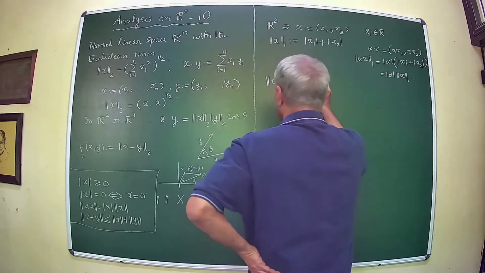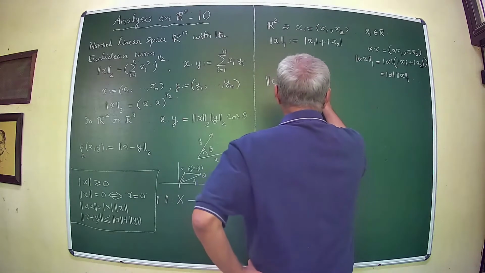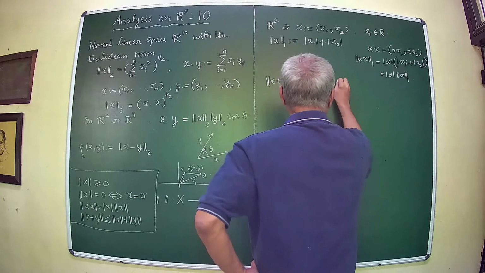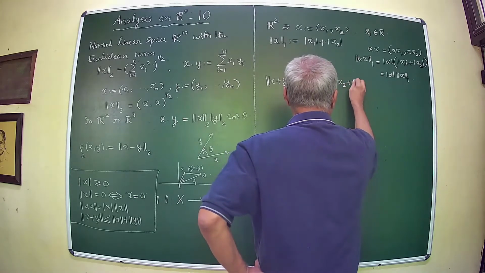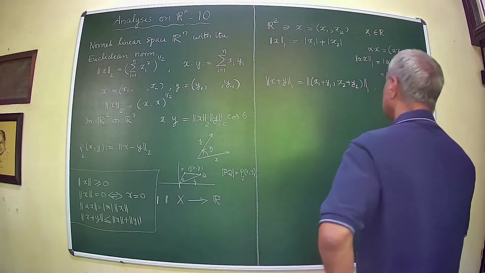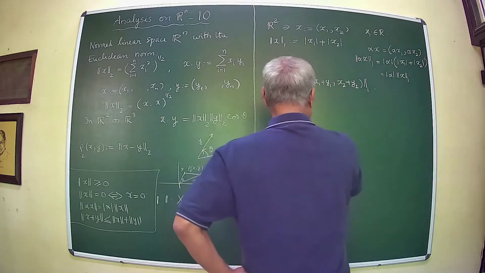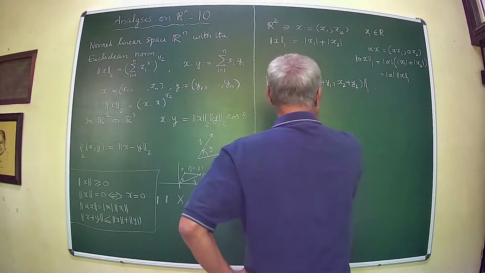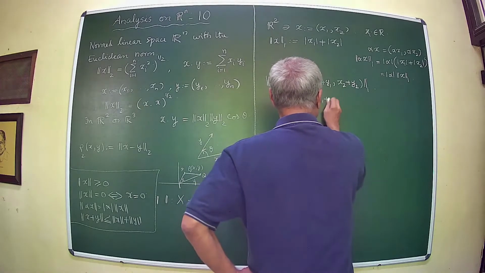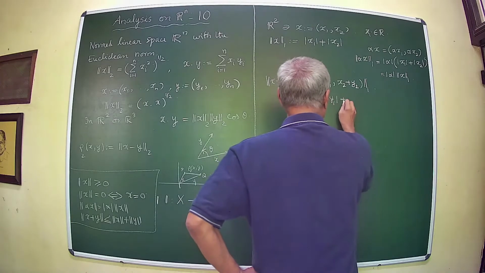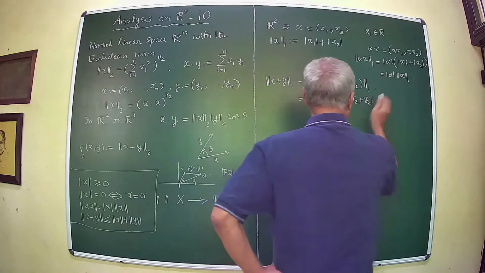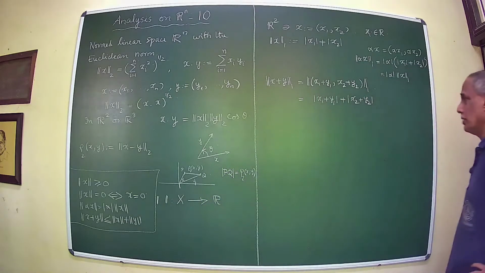X plus y by definition is x1 plus y1, x2 plus y2. By definition, this is equal to modulus of x1 plus y1 plus modulus of x2 plus y2. Now use the triangle inequality for real numbers.